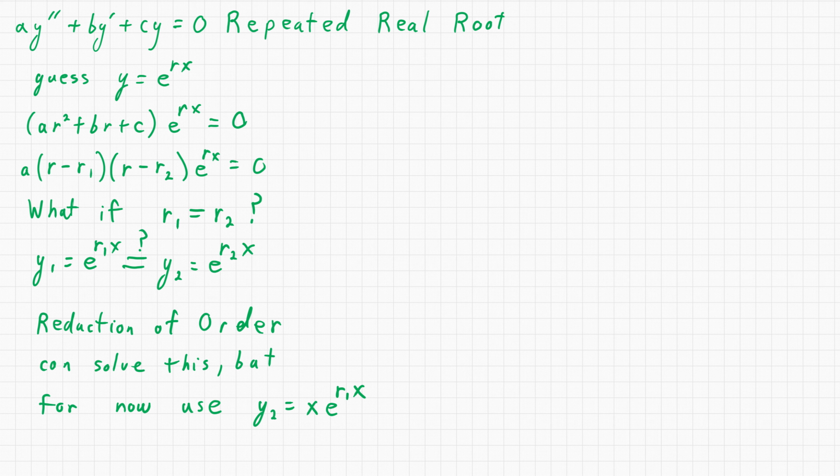So let's go ahead and take an example. Let's do y double prime minus 2y prime plus y equals 0. Well, if we solve that one, we're going to end up with (r squared minus 2r plus 1) e to the rx for our guess equals 0.